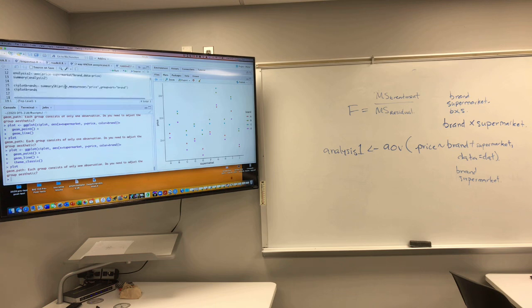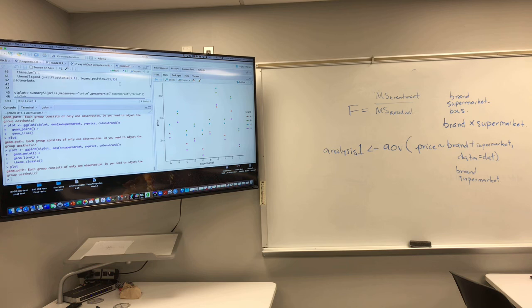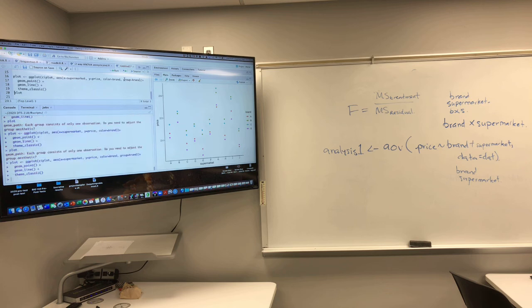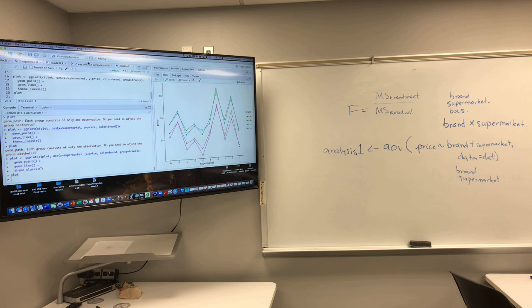Why? Oh, you have to put a grouping variable in order to get it to give you lines. So add group equals brand to your first statement there.